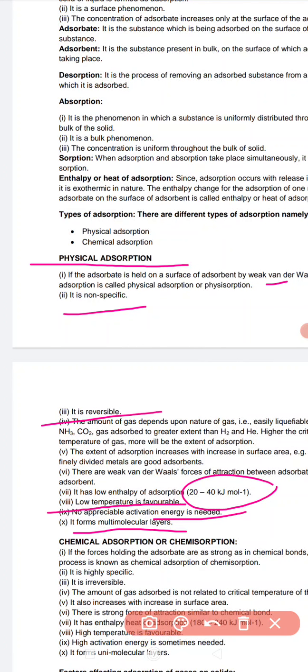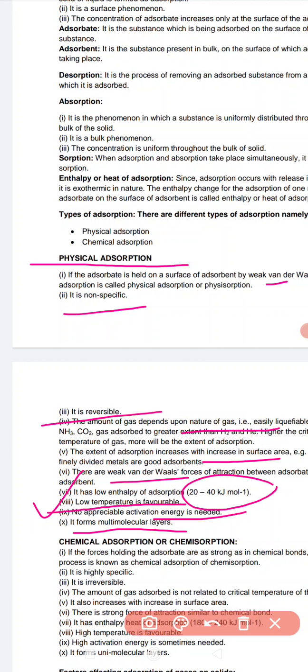The extent of adsorption increases with the increase in surface area. It has a low enthalpy of adsorption, so low temperature is favorable for the process. No appreciable activation energy is needed, and it forms a multi-molecular layer. These are the simple characteristics of physical adsorption.